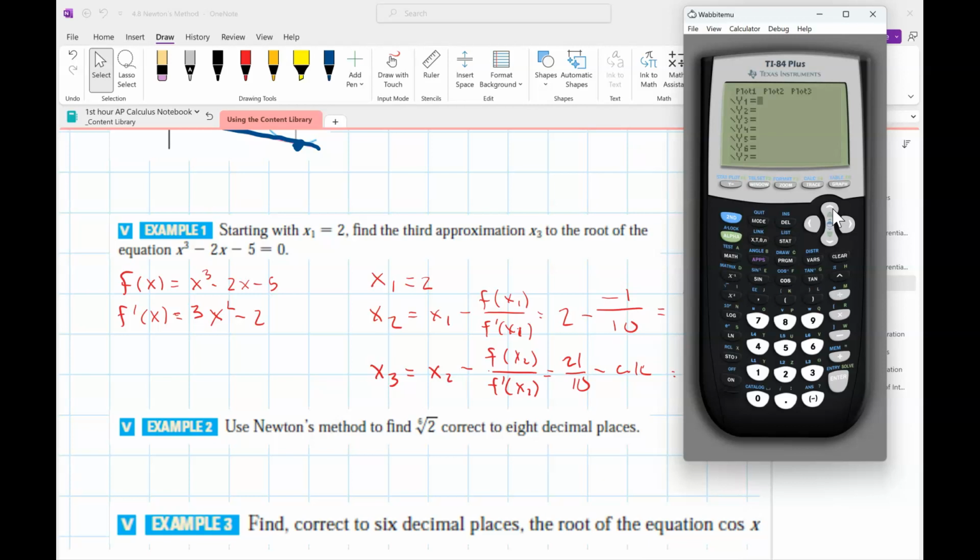Press the y equals menu. Into y1, we're going to type our function f. Into y2, we're going to type our derivative, f prime.